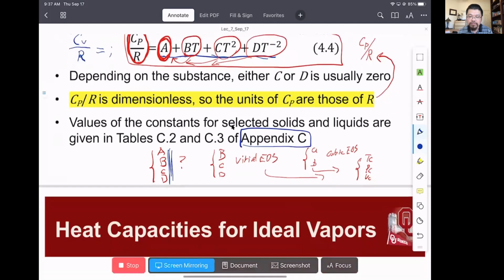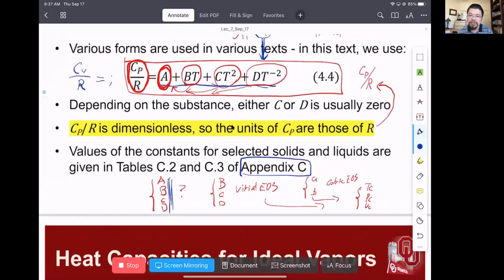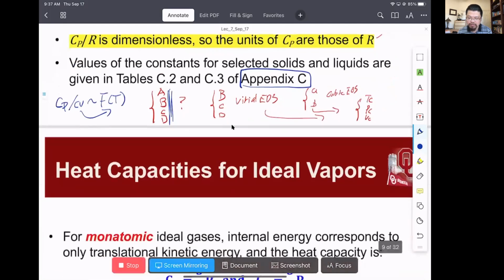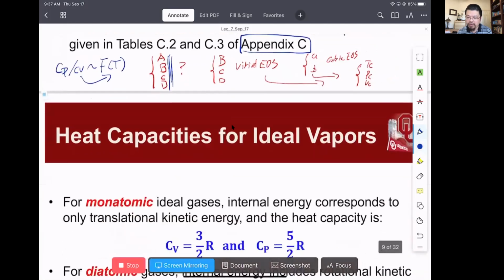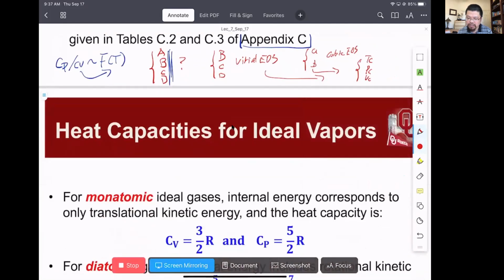Okay. So that is the first discussion on Cp and Cv. So Cp and Cv are a function of temperature. Once we get to that point, we try to repeat the following discussion with the same sort of pattern.